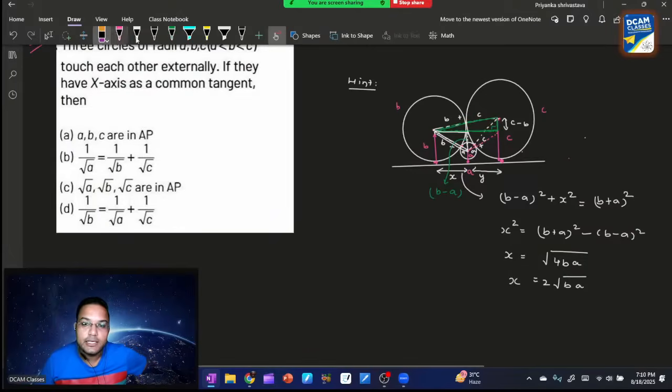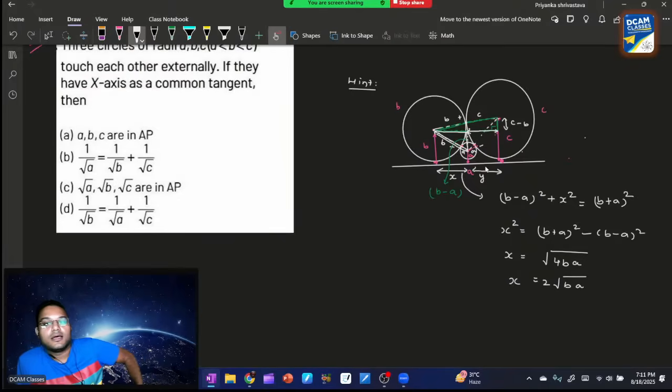This dashed line, na? Actually, see, Haripriya, I want this length. How will I find it?